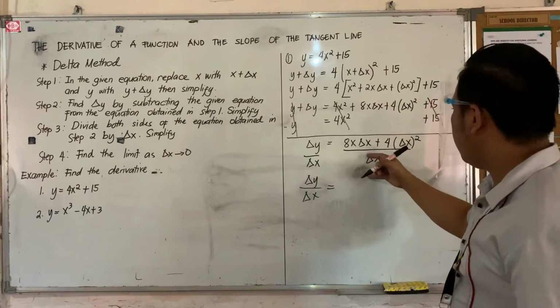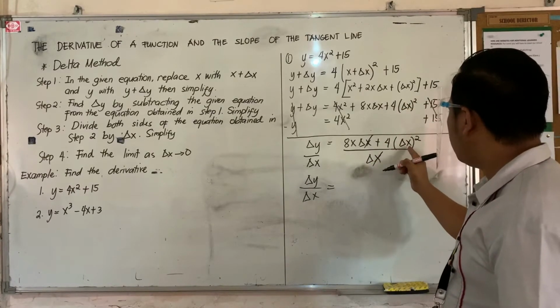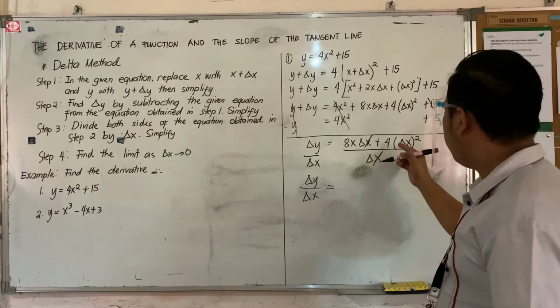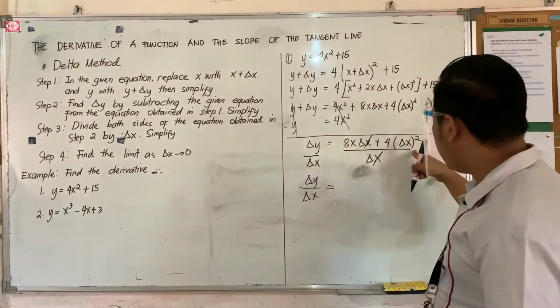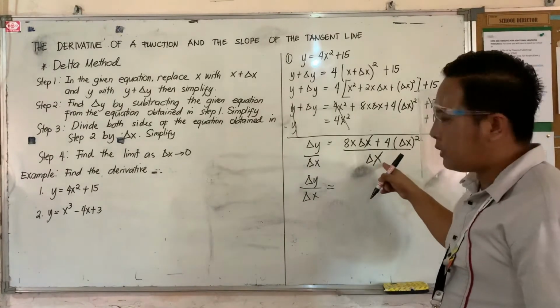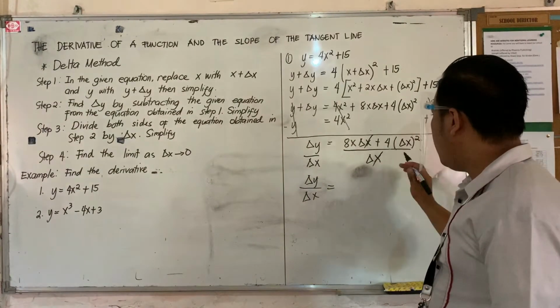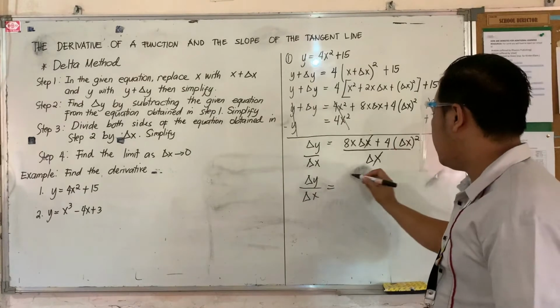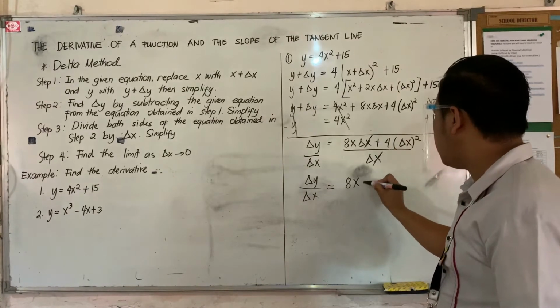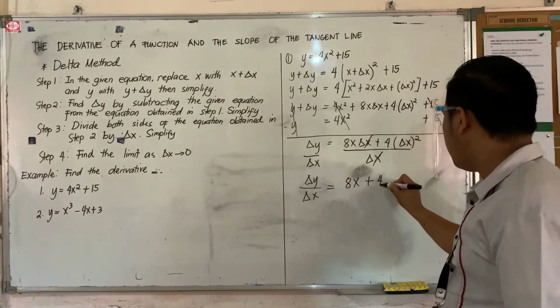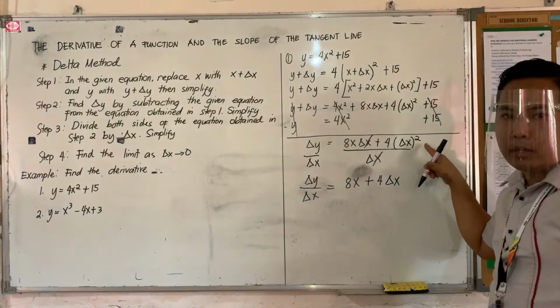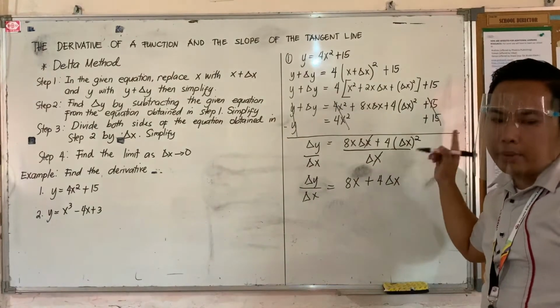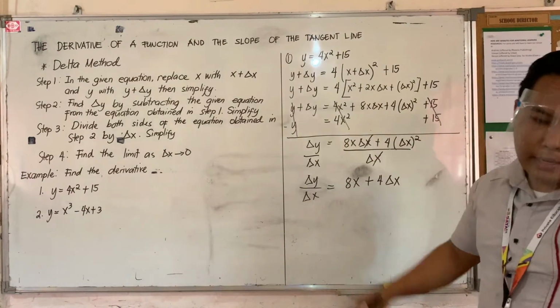So, we have 8x delta x cancelled yan. So, we also have here 4 delta x squared. Since dalawa po yung ating delta x sa numerator, isa lang sa denominator, okay, may maiiwan pa rin na 4 delta x. So, we have 8x plus 4 delta x. Dalawa kasi ito sa numerator, iisa sa denominator. Kaya may naiwan pang isang delta x.